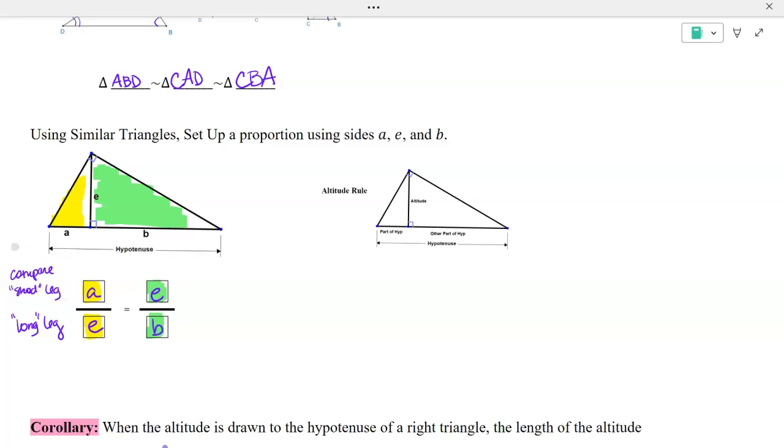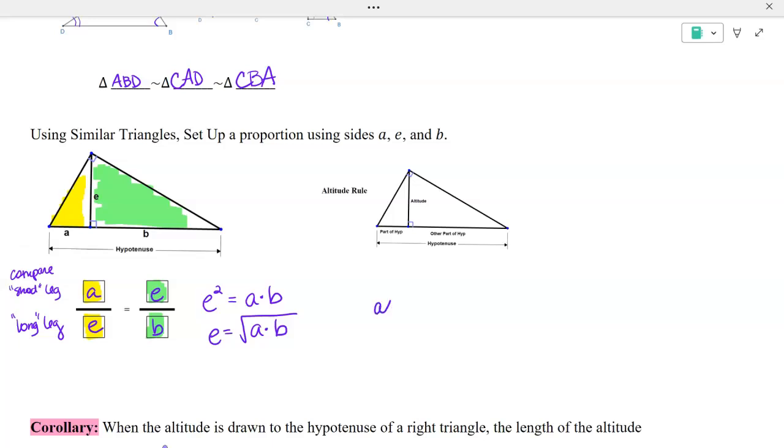And so you notice what sets up is that E is the geometric mean, right? If we cross multiplied, we'd get E squared equals A times B. And so E is going to be the square root of A times B, which is the definition of our geometric mean. And E in this case is the altitude.